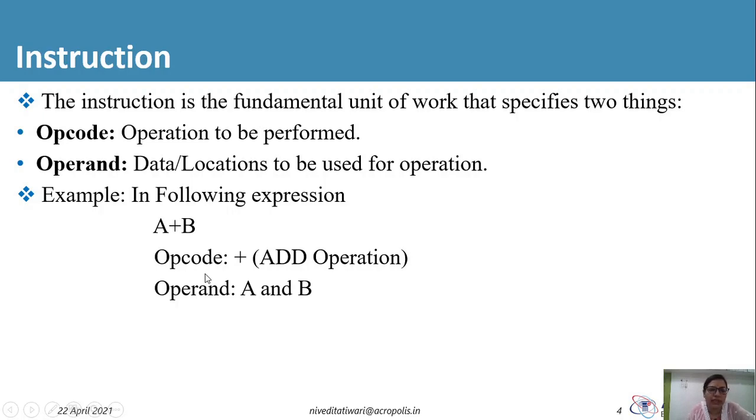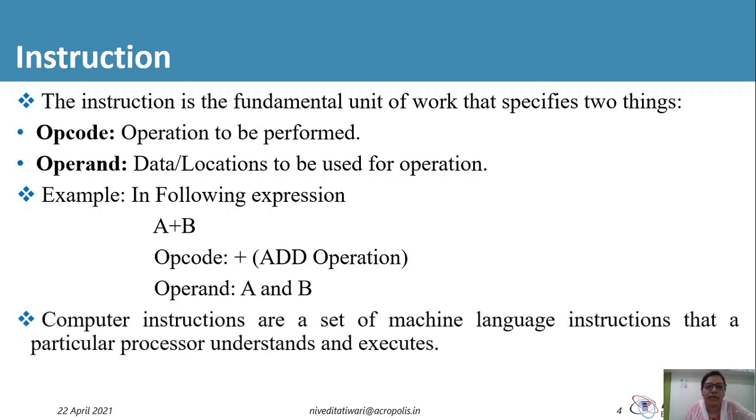Basically, opcode is the operation to be performed. And if we define computer instructions, then these are a set of machine language instructions that a particular processor or CPU understands and then executes.